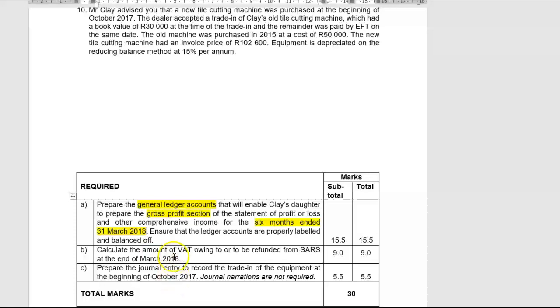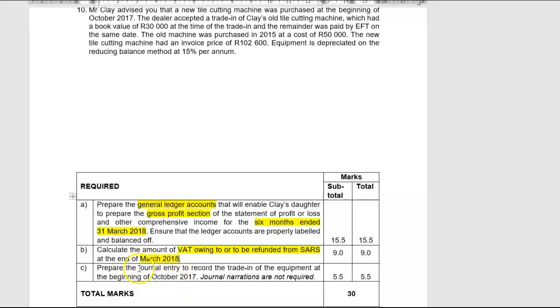In part B, they want us to calculate the amount of VAT owing to or to be refunded from SARS as at the end of March. So as at year end, what is the VAT control balance? So obviously we want a T account for VAT with the opening balance in so that we can, as we go along, keep this account up to date.